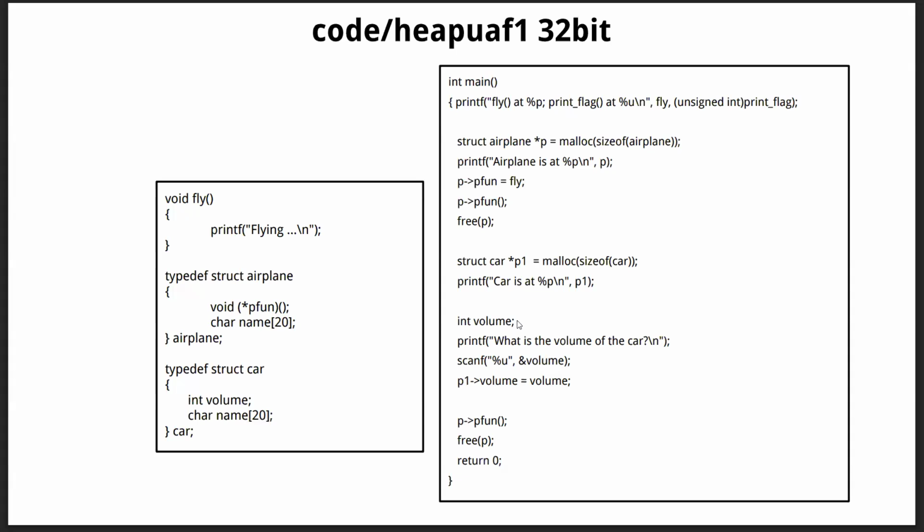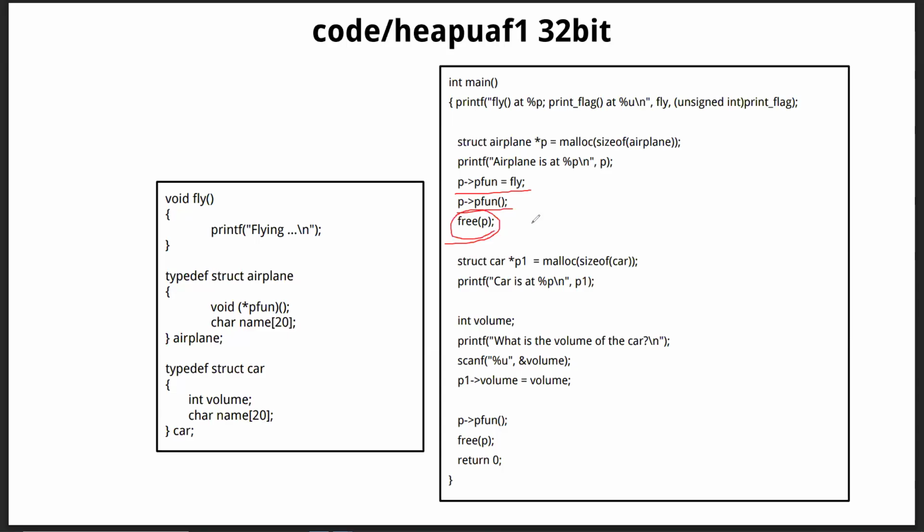We first malloc an airplane. Then we set the function pointer to fly, and then we call that function. After that, we free this.